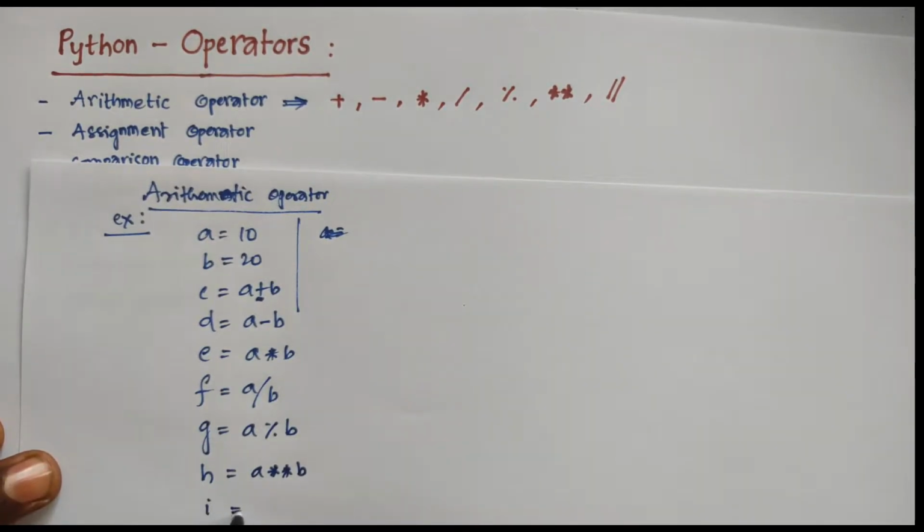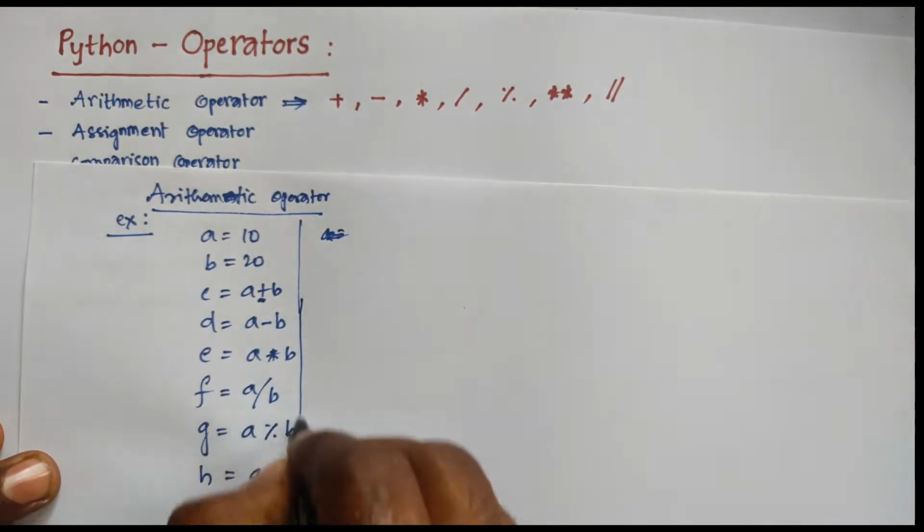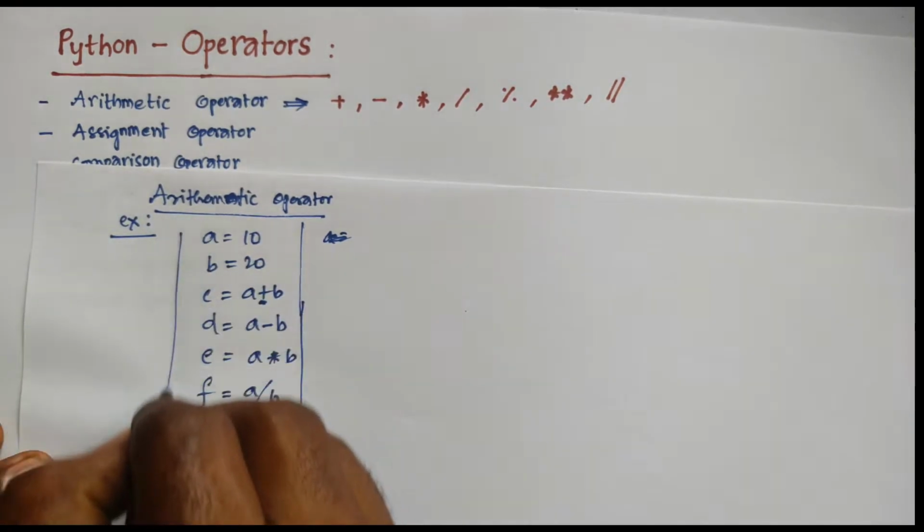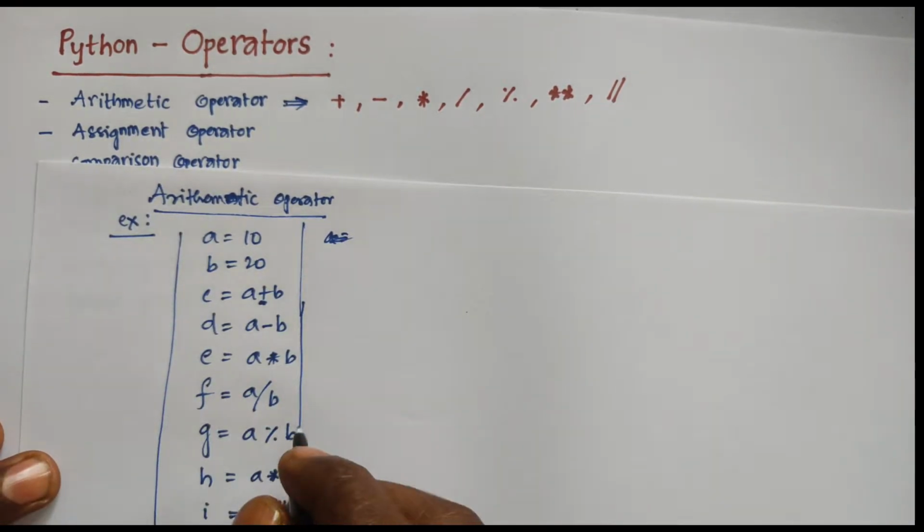Next, i is equal to a double slash b, the floor division. So, these are the arithmetic operations for Python.